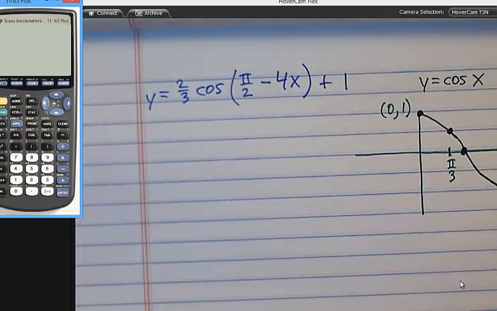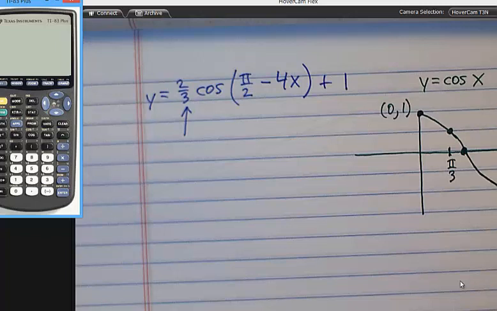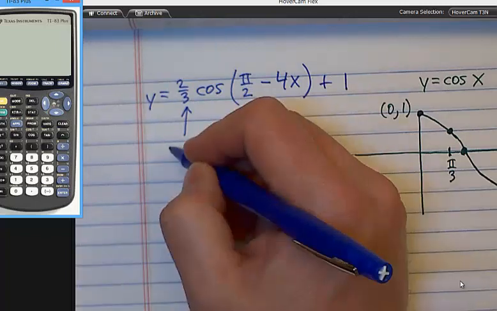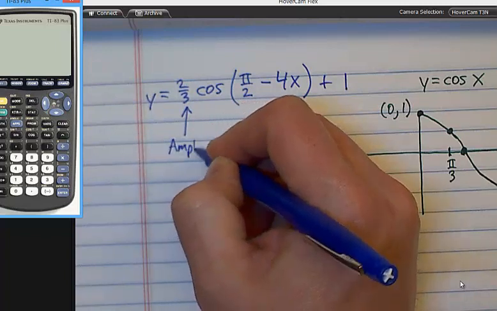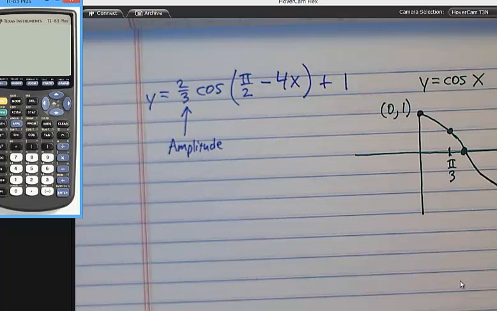Now, when we go to graph our function here, a couple things are going to be different. First of all, this 2/3 changes part of the function. It changes what is known as the amplitude. What's the amplitude?